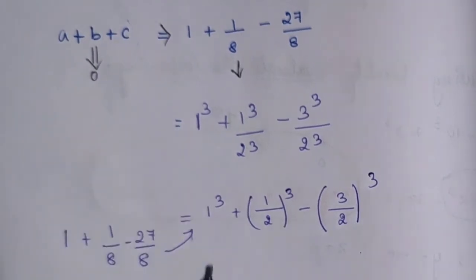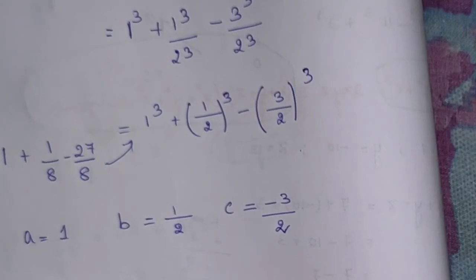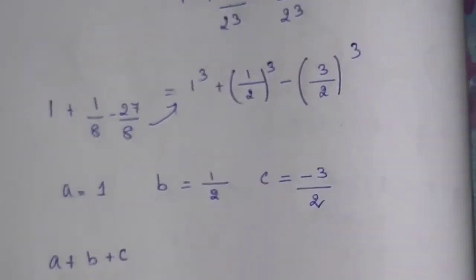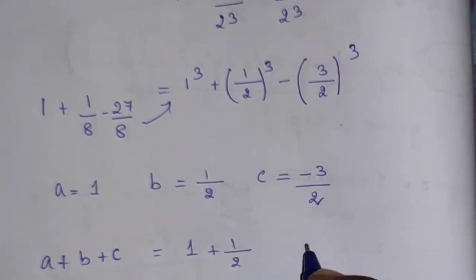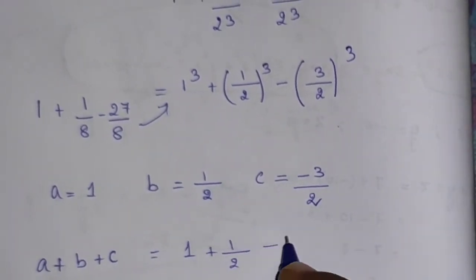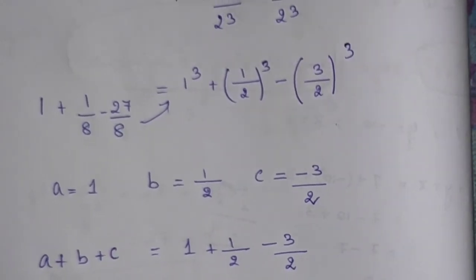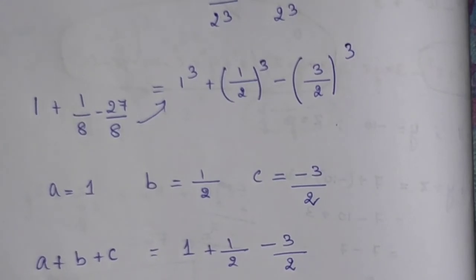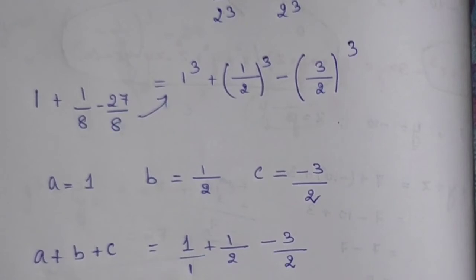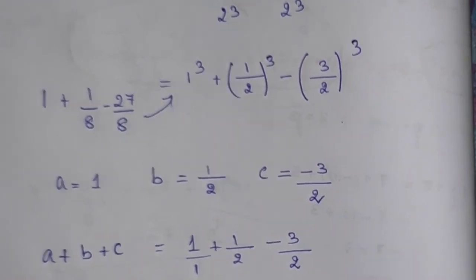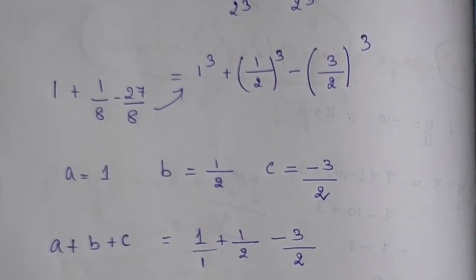Okay, so first find a plus b plus c, that is 1 plus 1 by 2 plus minus 3 by 2. So you take LCM. So 2 plus 1 minus 3, so this will become 0. So a plus b plus c is equal to 0.